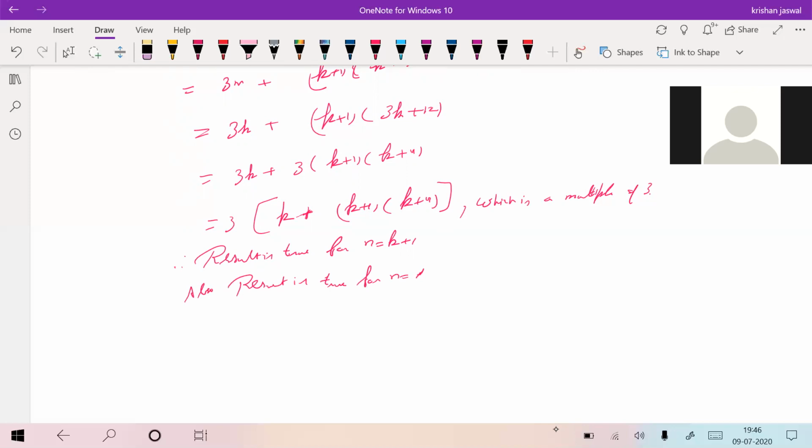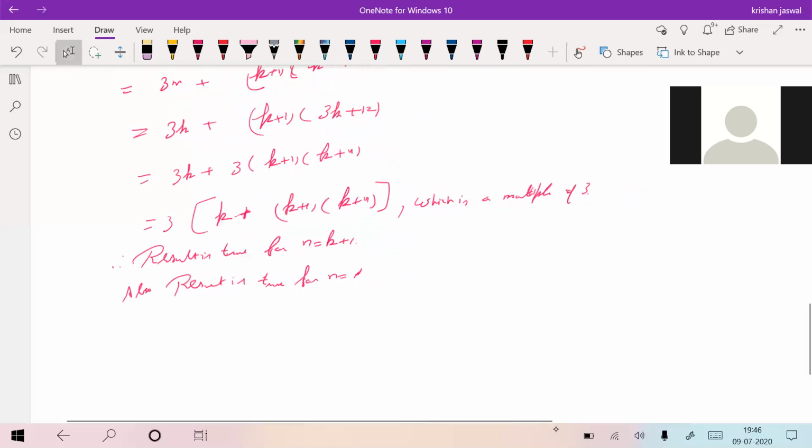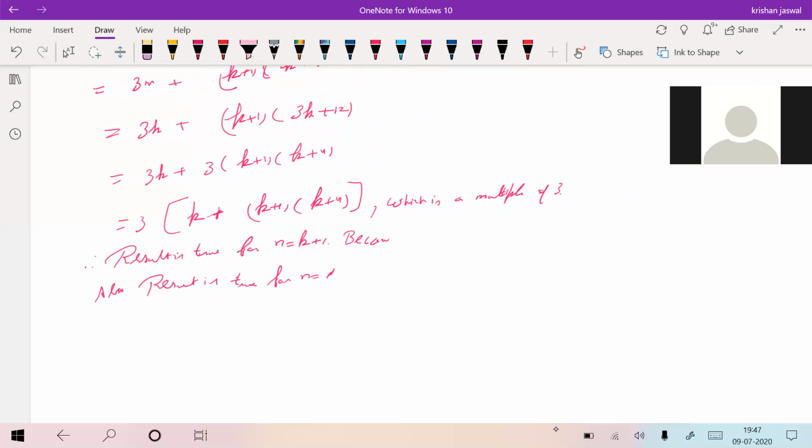Here they add one more line: the result is true for n is equal to k plus 1, because if the result is true for n is equal to k, then it is also true for n is equal to k plus 1.